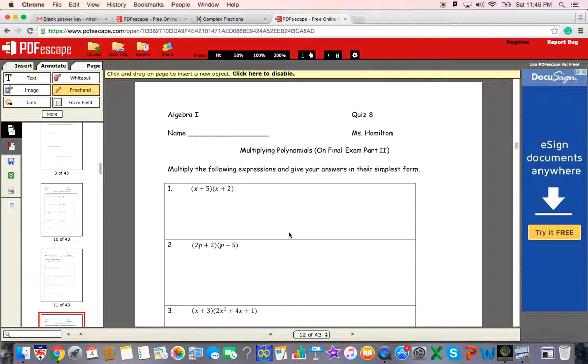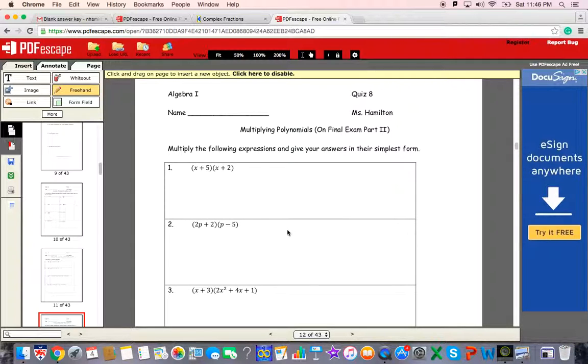Now we're going to go ahead and start multiplying polynomials, which is a fun one, I think. All right, so if you have two sets of, I guess you call these, well, doesn't matter what they're called. If you have two sets with two terms each, you can do what we call FOIL.